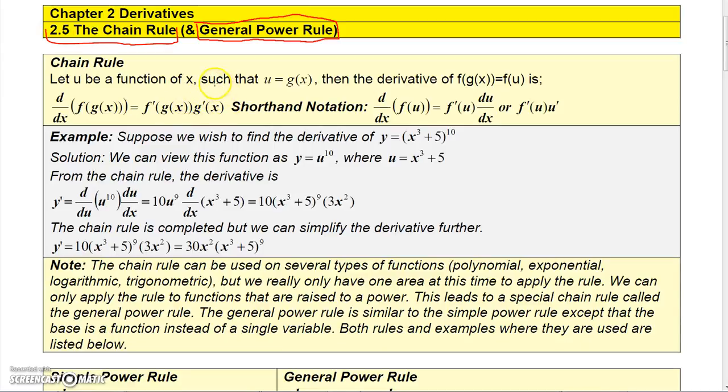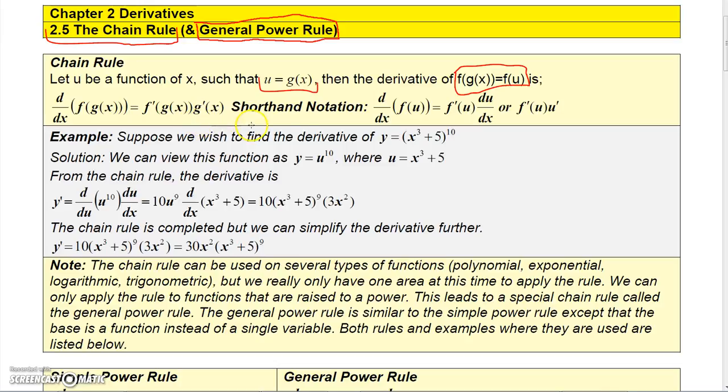Alright, so let's say that u is a function of x such that u equals g of x. Well, then the derivative of f of g of x, which could also be said to be f of u, is f prime of g of x times g prime of x.